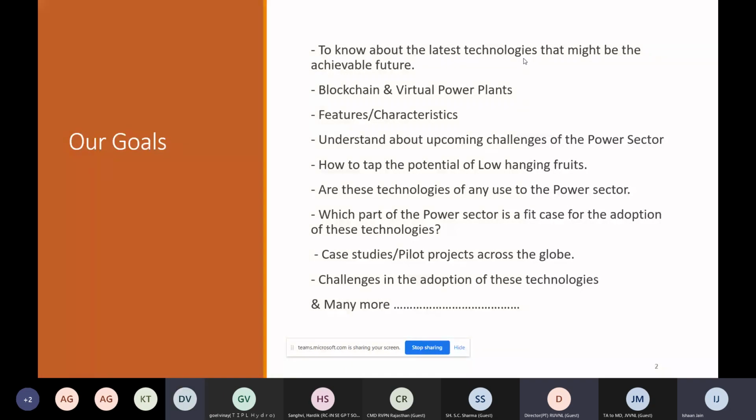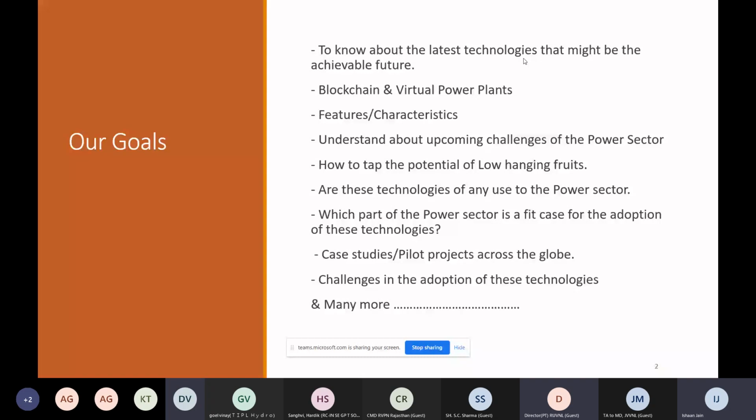Before considering whether this technology is helpful, we need to know the characteristics or features of that particular concept. And just knowing any fancy technology and just going behind that is not the solution.